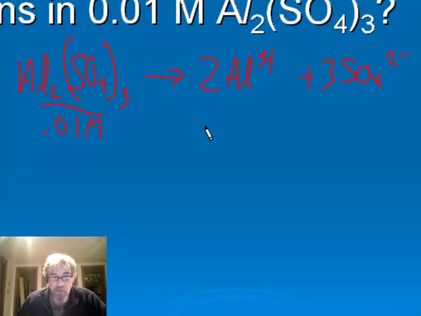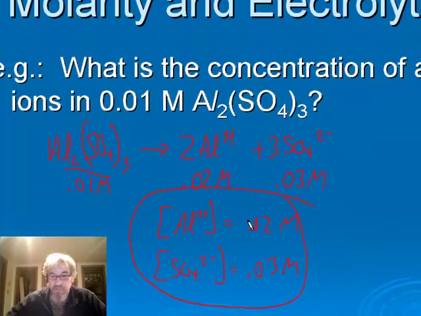So 0.01 moles of Al2SO4 give me 0.02 moles of Al3+. 1 to 3 ratio for the sulfate, so I would have 0.03 moles per liter sulfate ion. So my concentrations are: Al3+ aluminum ion concentration is 0.02 molar. Concentration of sulfate ion is 0.03 molar. There are more particles when I get done than when I started with.